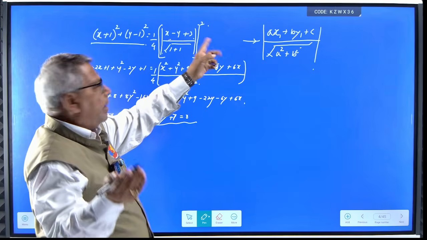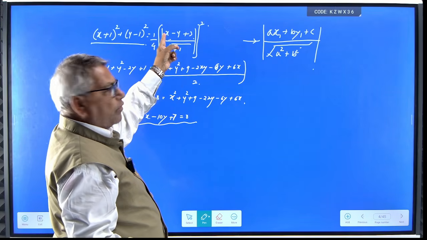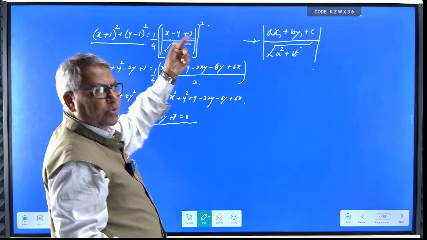The point is P(x, y), no problem. (x minus y plus 3) upon root of coefficient of x squared, 1, plus coefficient of y squared, (-1) squared, is 1 again.